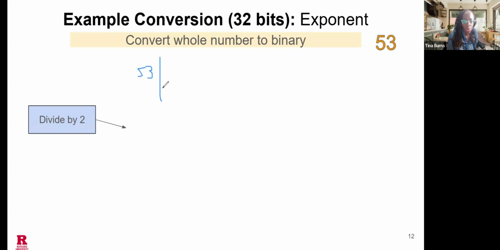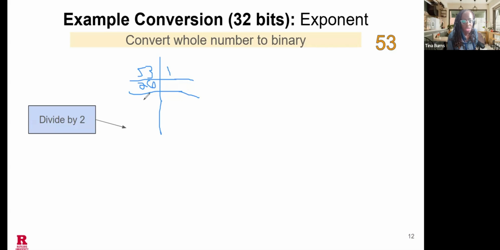And then I want to have my remainder on the other side. You divide it by 2, and then you get your remainder out. All right. So 53 divided by 2 is going to give us 26 with a remainder of 1. I'm going to put my remainder here.